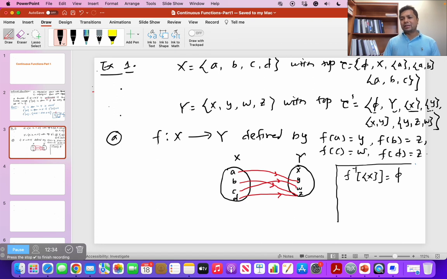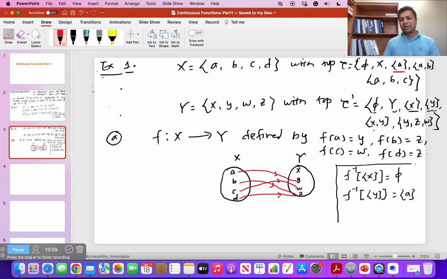Let's take a look at the inverse image of another singleton set, Y. You can see Y is the image of A, so the inverse image of Y is the singleton set A. Now this singleton set A is in the topology tau. So that means the inverse image of this set is open in tau, or is one of the elements in tau.